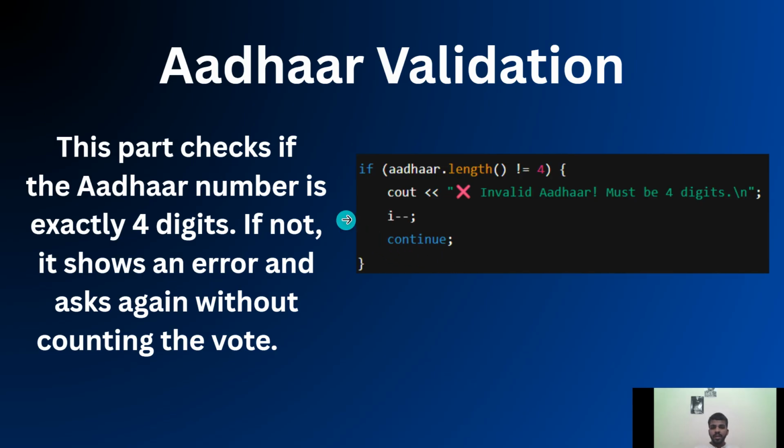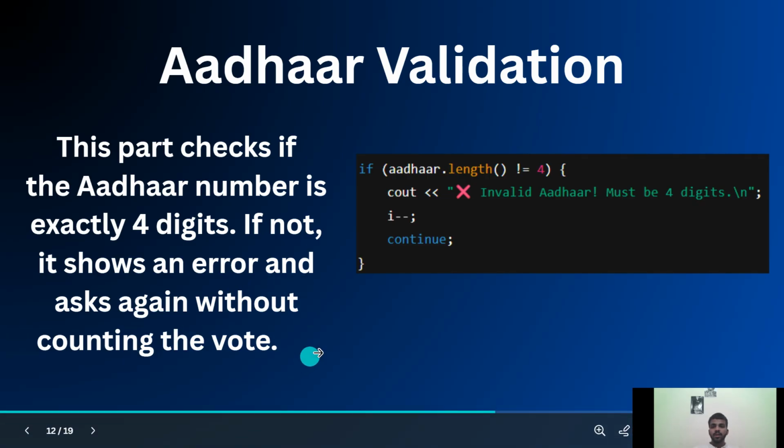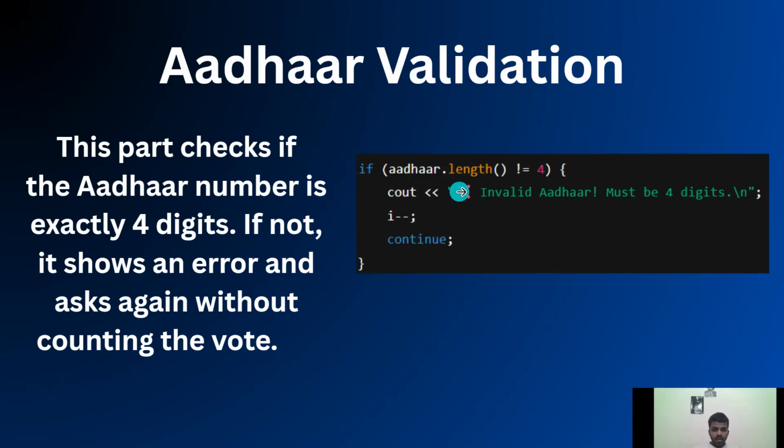I will explain Aadhaar validation, how it validates the Aadhaar. This part checks if the Aadhaar number is exactly 4 digits. If not, it shows an error and asks again without continuing the vote. Here we use an if statement: Aadhaar length not equal to 4.